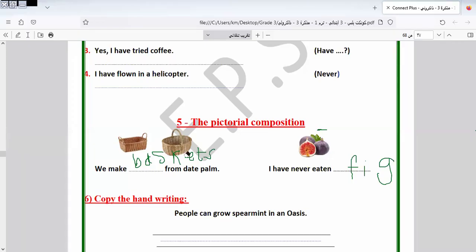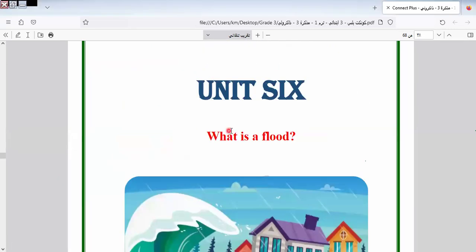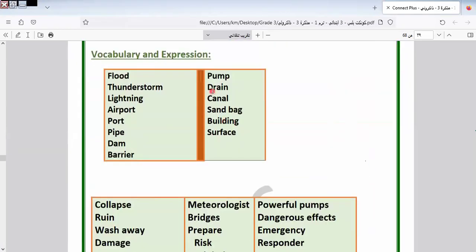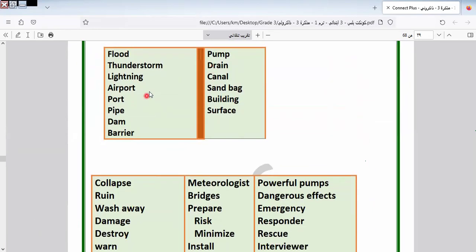Let's go to the last unit here in your book, to end our book today. Here we have "What is the fluid?" Let's get to know more about this topic. Here is fluid, pump, thunderstorm, drain, lightning, canal, airplane, sandbag.